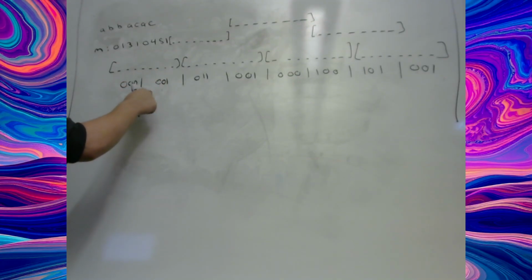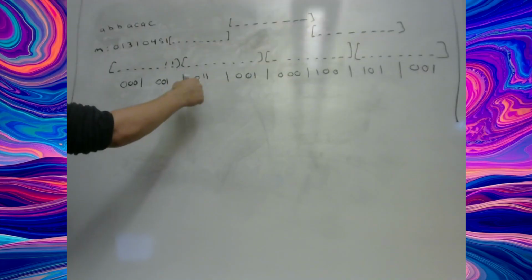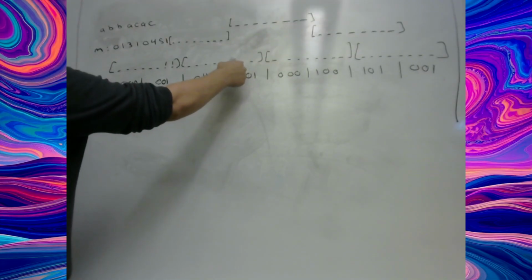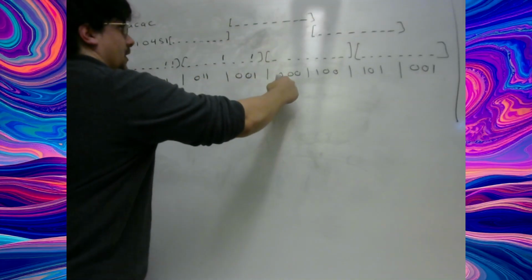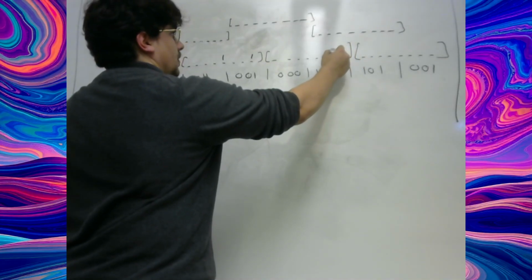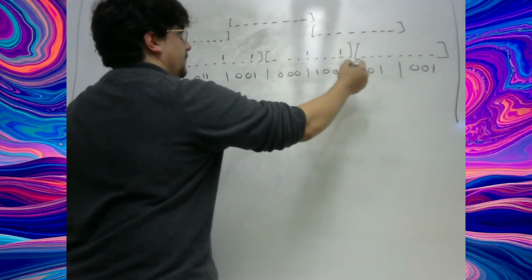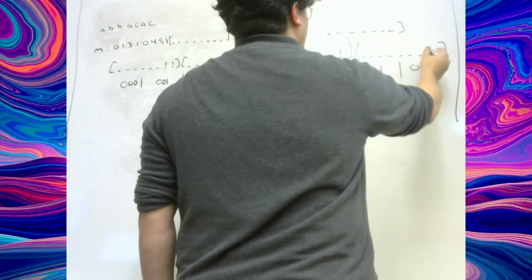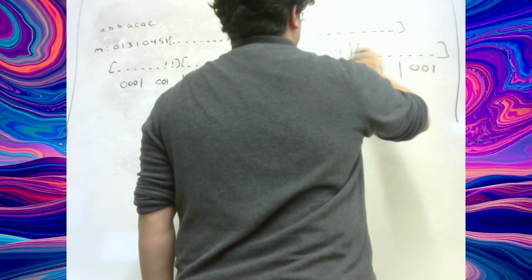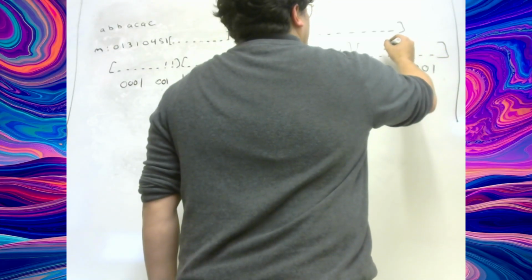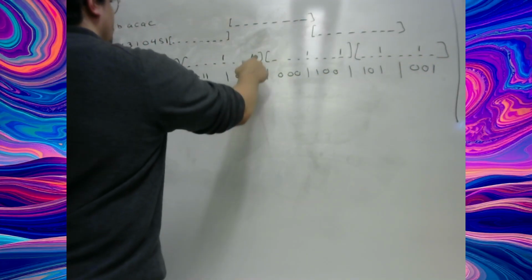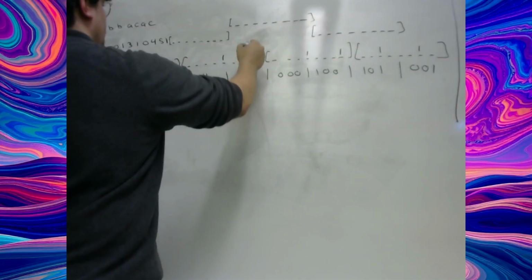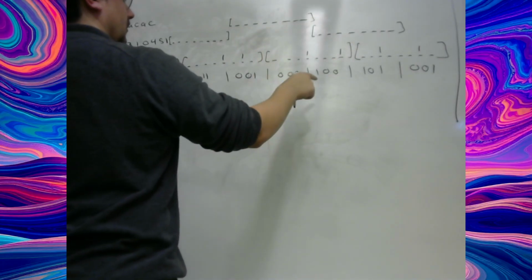We've got 1 count of 0, that's going to go here. 1 count of 1 goes here. 1 count of 3. 1 count of 1. 1 count of 0. 1 count of 4. 1 count of 5, and 1 count of 1. 1 count of 1.